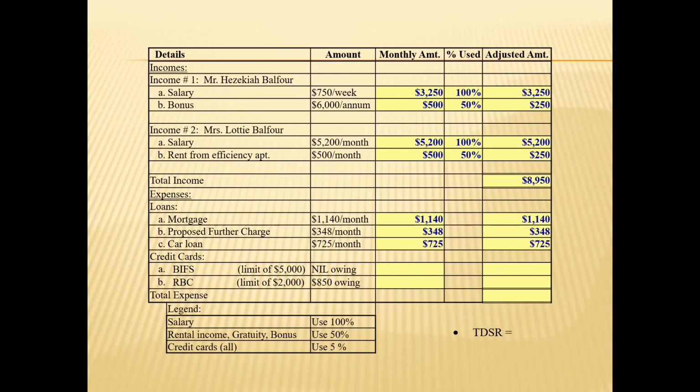Okay, very good. How do we deal with the credit cards? The first one? Credit card, we would get 5% of the limit, which is $250, sir. Okay, and how do we know to use 5%? At the bottom, we've got the cheat sheet at the bottom. Okay, excellent, great.